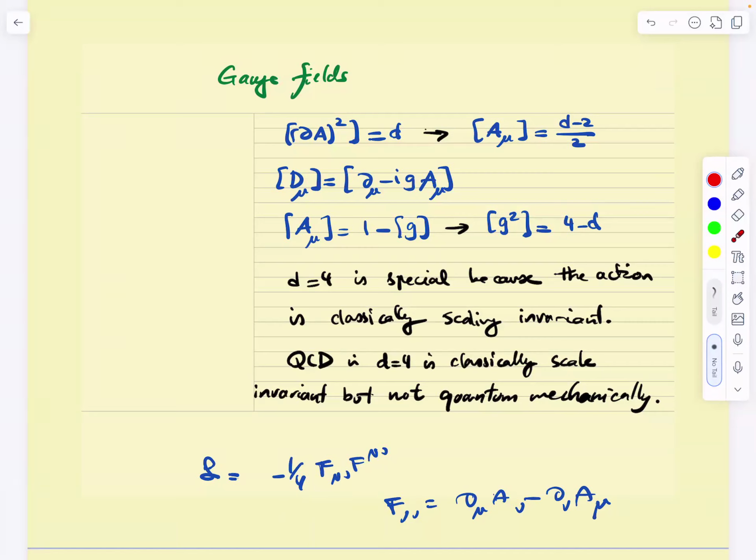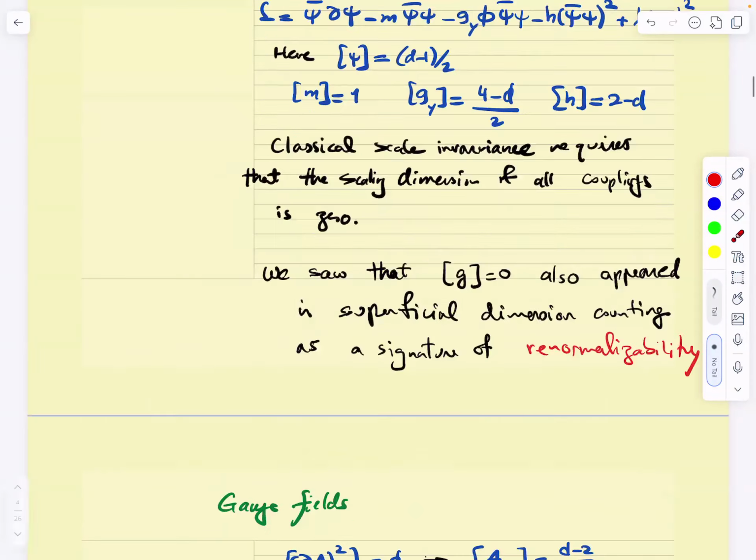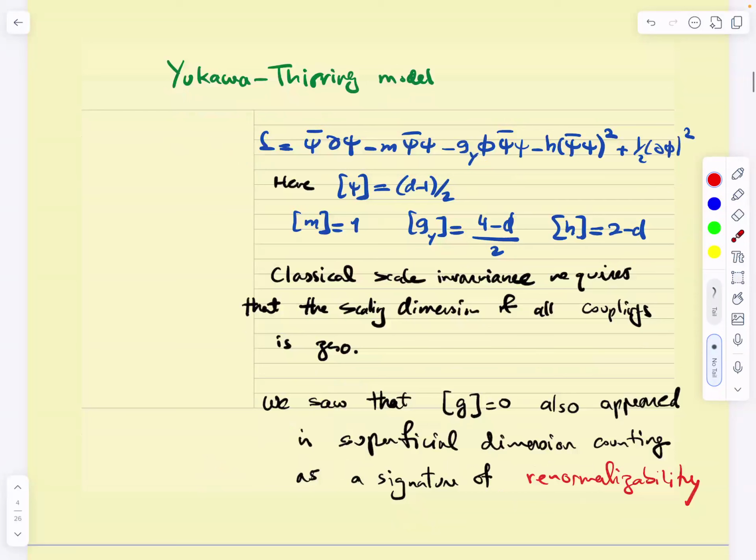Coupling constant is just a number. Yes. But in the previous example, like in the Yukawa model and the scalar field, we have to let the coupling constant vanish, so we can get the scale invariance. No. Sorry.